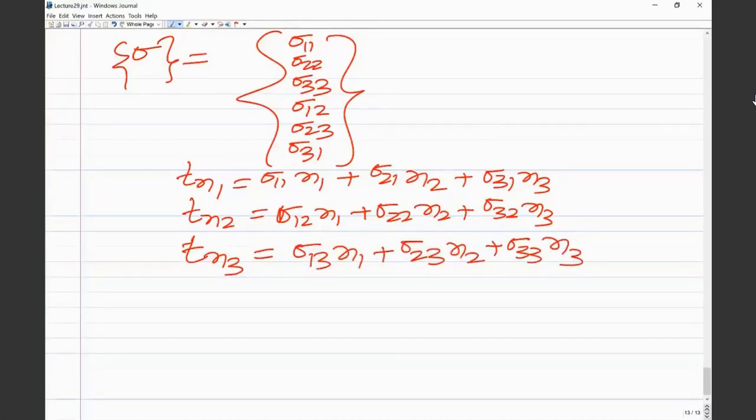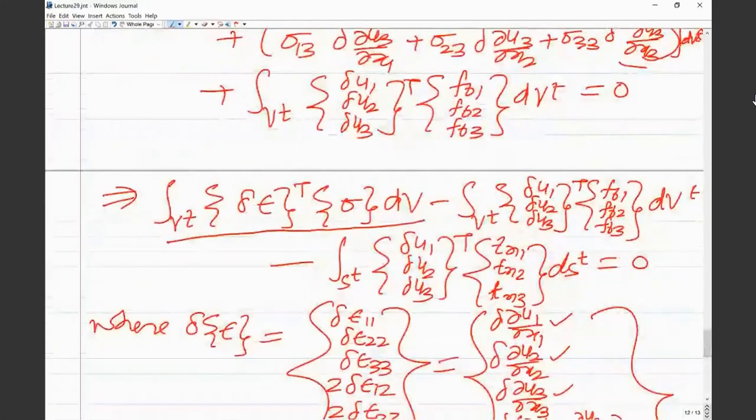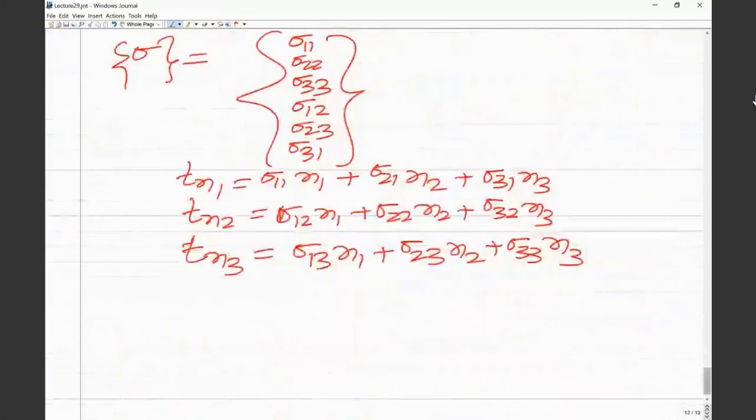Now we want to write the first term. If you look at it, the first term is the virtual work of stresses. We want to write this in terms of various stress measures, particularly the first Piola-Kirchhoff stress tensor and the second Piola-Kirchhoff stress tensor, and the corresponding strain measures. So I will consider this separately.